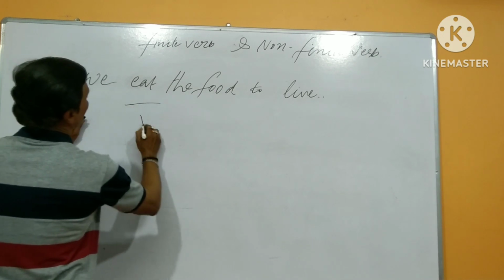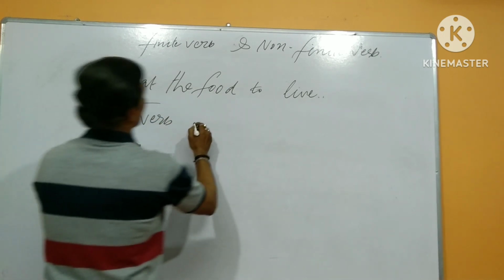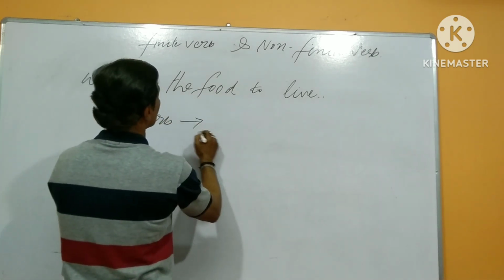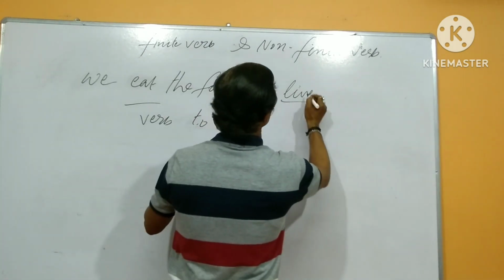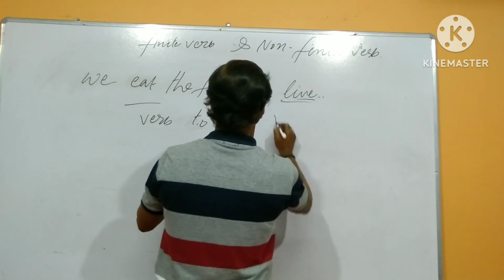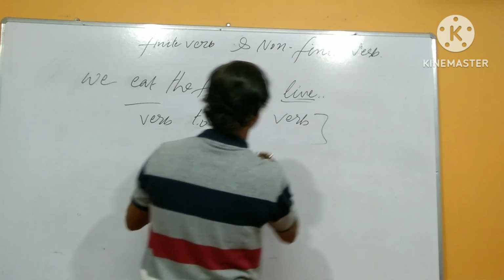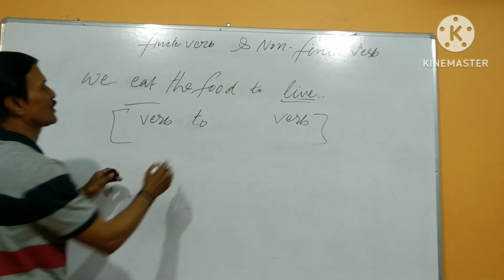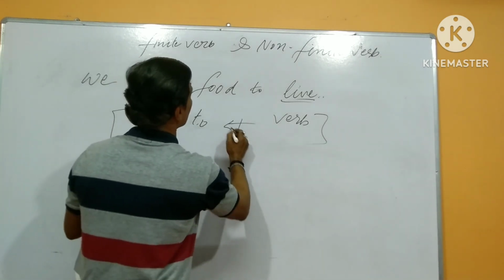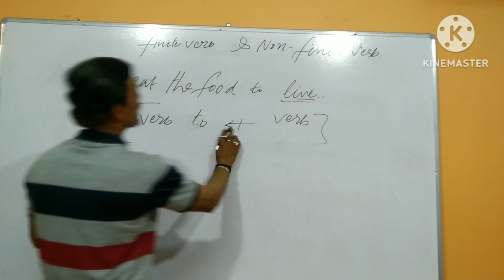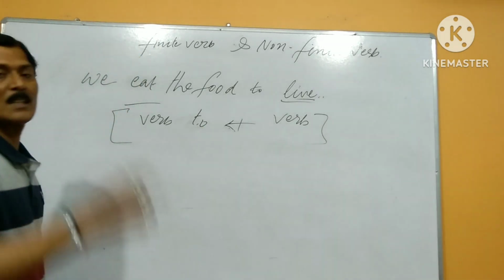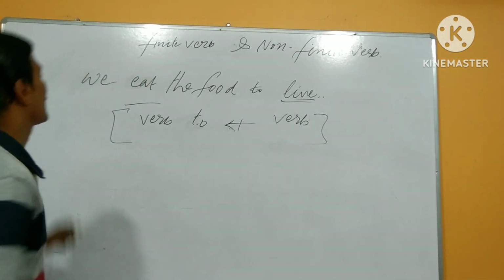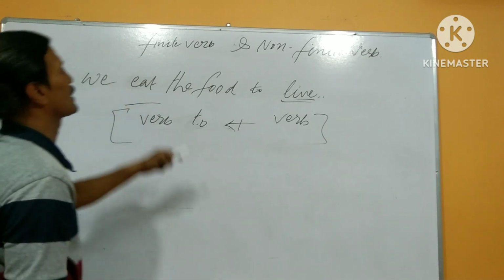It means there is a verb here, and then to, and live is a verb here. So coming out and revealing the structure of the infinitives. Infinitive is another name for a non-finite verb, gerund, participle. So let's start in this way. I hope all of you are clear.